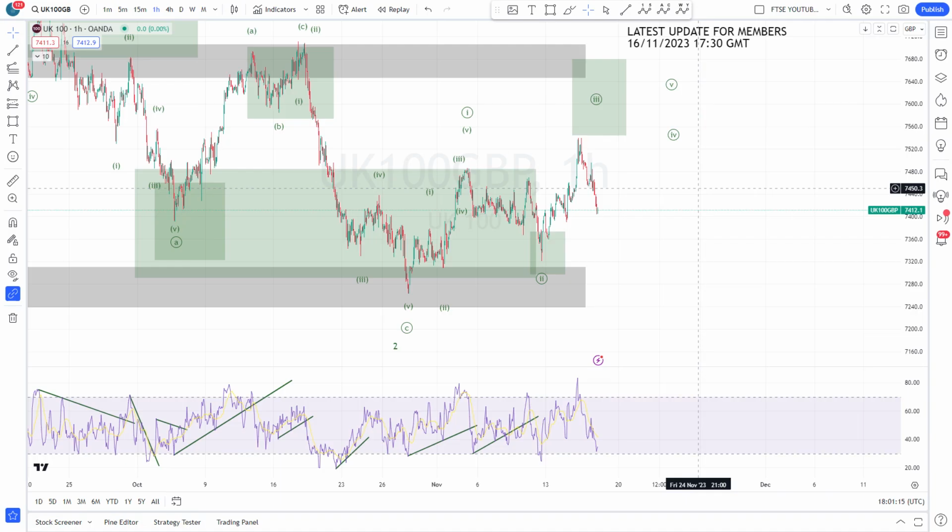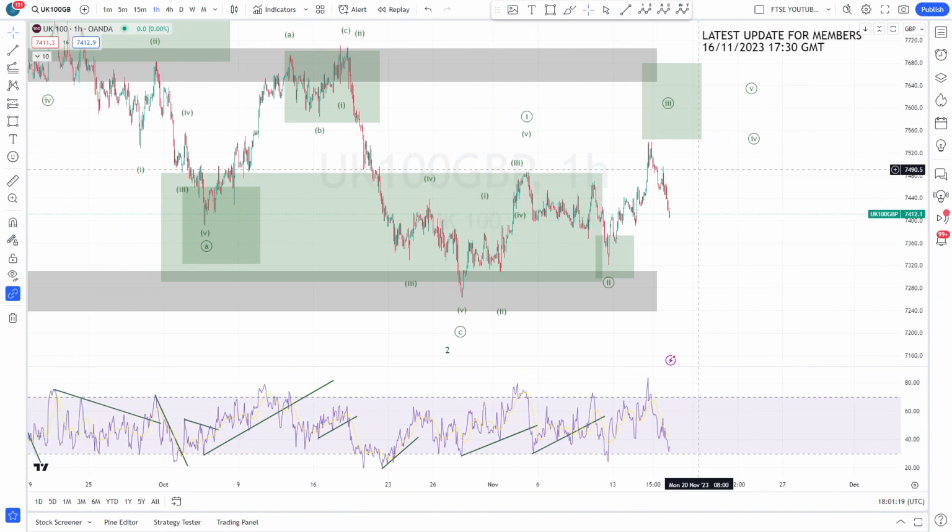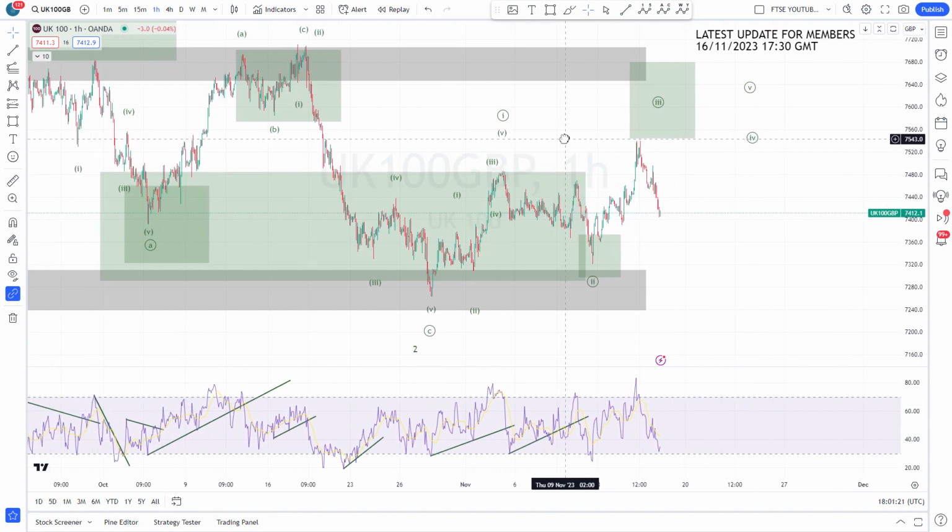Let's go immediately to the 1 hour. So in my last video on the lower time frame on the FTSE, I believe we were somewhere here, if I remember well, and I told you we might be doing a wave 4 down, and if we go deeper, it might be a wave 2.